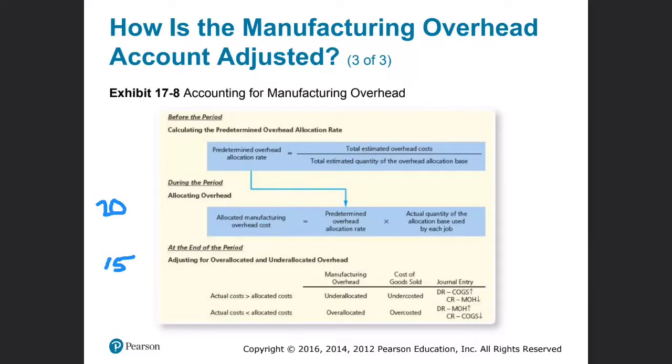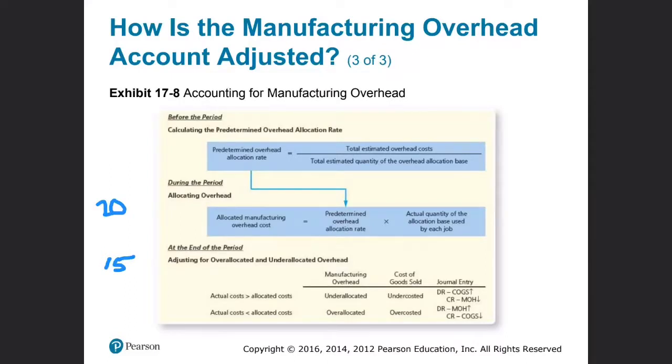And so here, this just tells us if actual costs were greater than allocated cost, or if actual costs were less than allocated cost. It's telling us that if manufacturing overhead was under allocated, the cost of goods sold would have been under costed, and the journal entry you need to fix that would be a debit to cost of goods sold and a credit to manufacturing overhead.